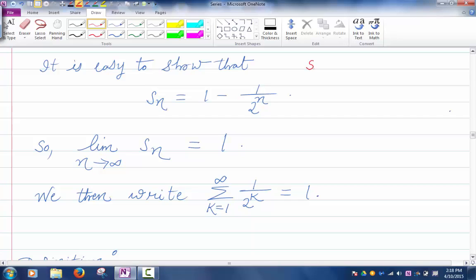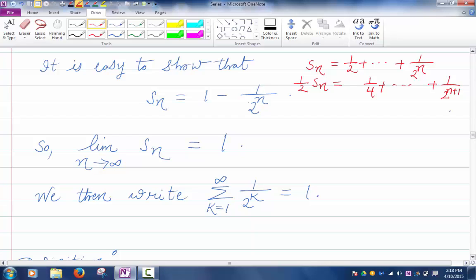All I have is that Sn is a half plus up to 1 over 2 to the n, right? And then what I'm going to do is multiply both sides by half. If you do that, you get 1/4 plus up to 1 over 2 to the n plus 1. Then you subtract and do whatever we did before, and you can come up with the formula that Sn is 1 minus 1 over 2 to the n.